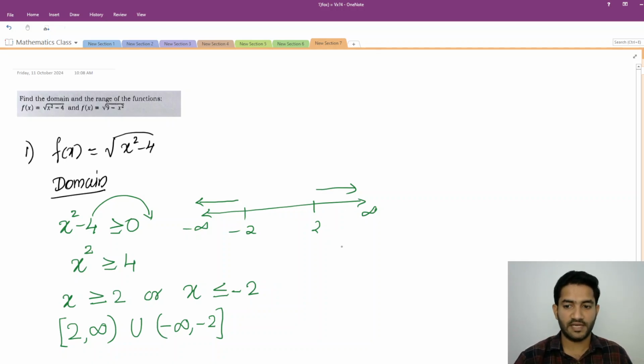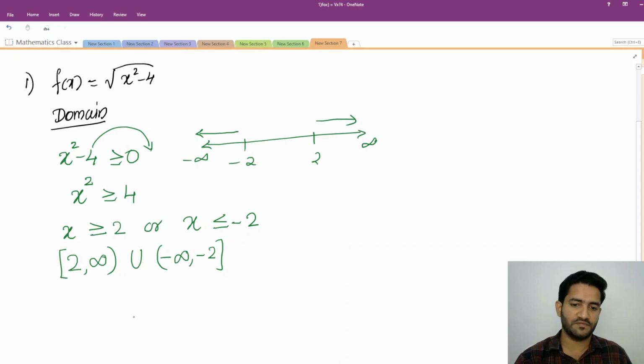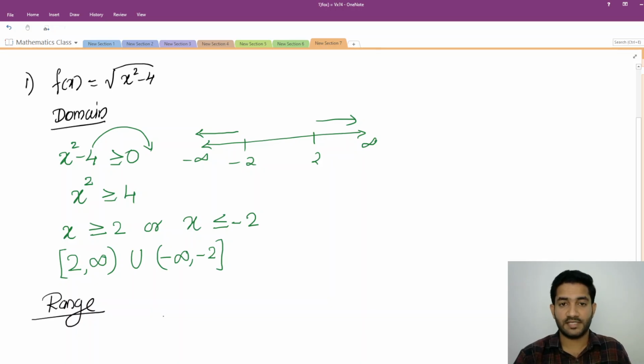Again, how can we find the range of this function? Range means values of y, the set of values of y.